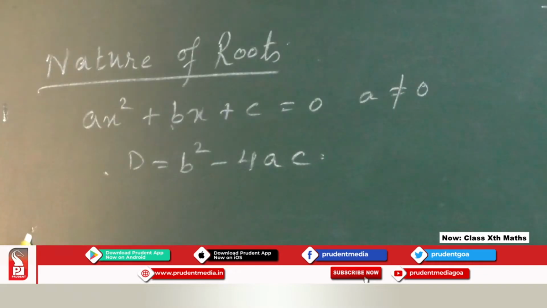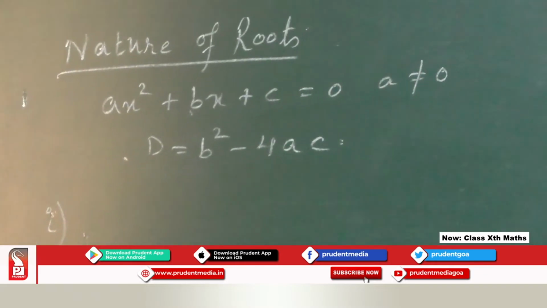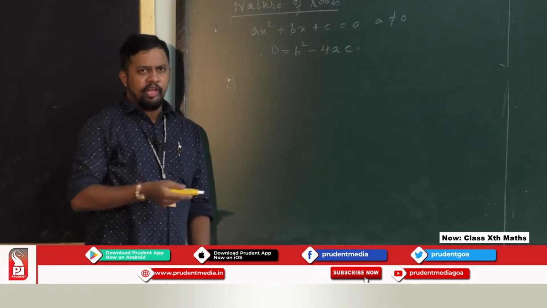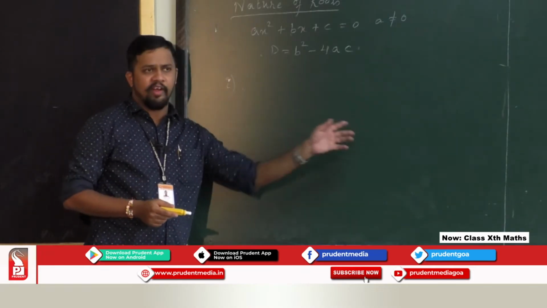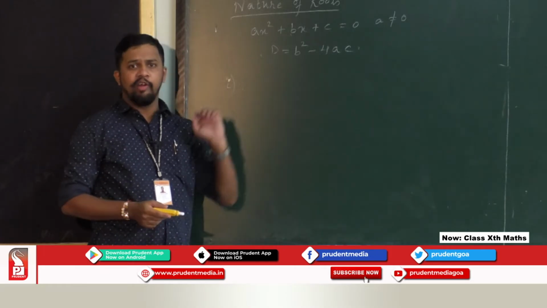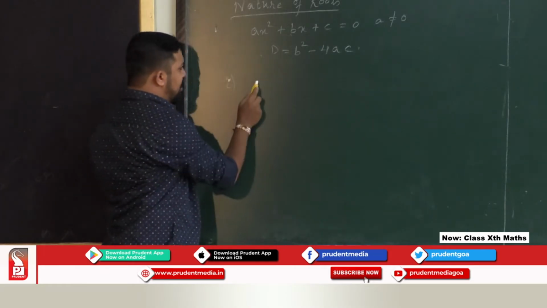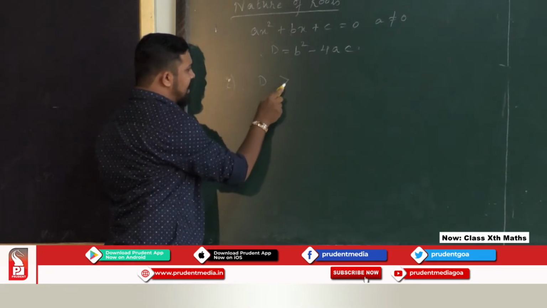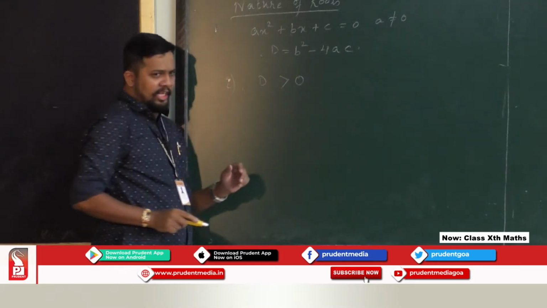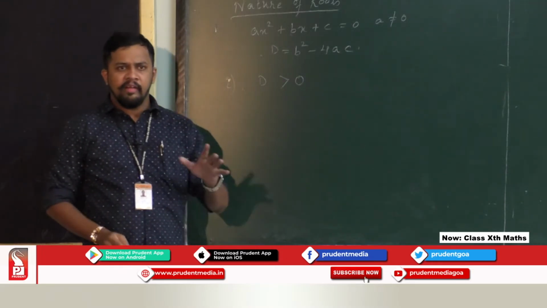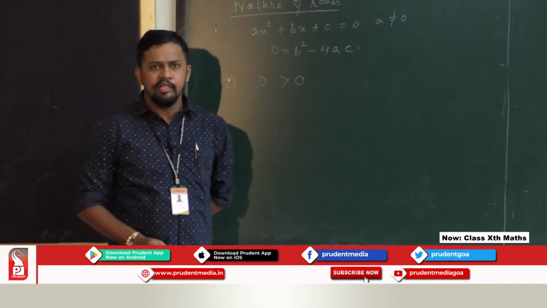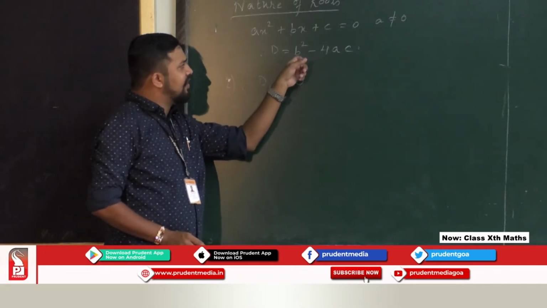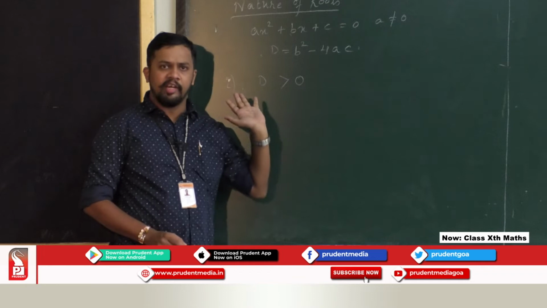Now, what is the first thing? Let's say I have given one quadratic equation, which you have seen in the earlier class. We found out the roots, and in that case we got D greater than 0. In both the problems which I solved, D was greater than 0, or I can say b square minus 4ac is greater than 0.